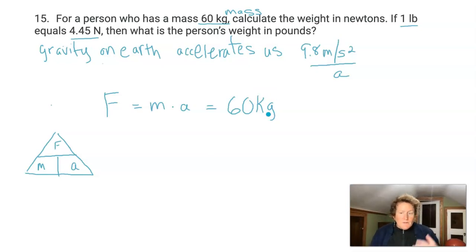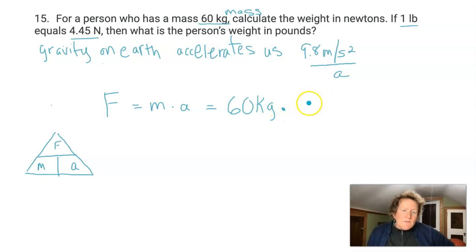When you measure someone's mass, you're measuring the amount of matter in them compared to a known. So if you think about a balance, it's got some known masses here, and you're figuring out how much matter you have compared to a known amount of matter on the other side of the balance.